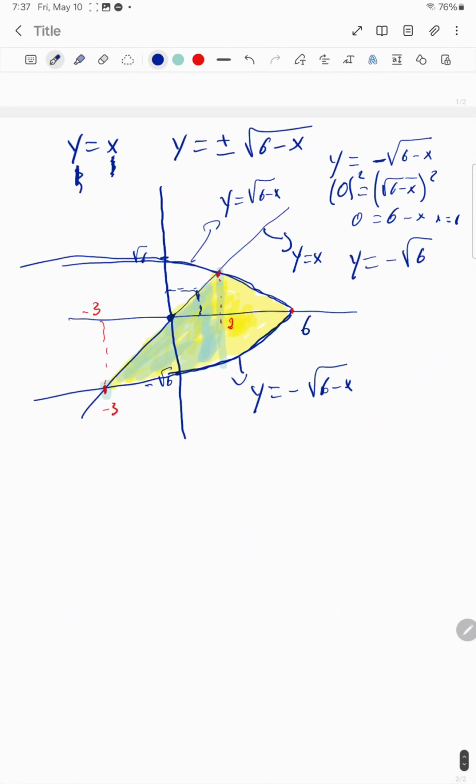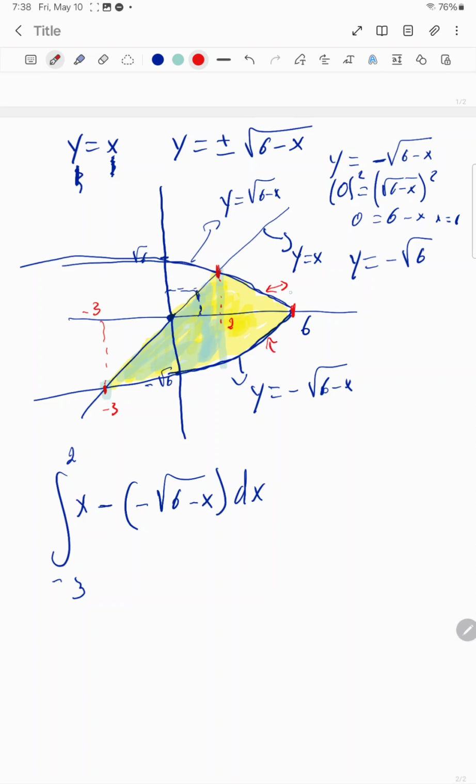So I will add my integral between minus 3 and 2. It is x minus, and I open the parentheses, minus square root of 6 minus x dx, and between 2 here and 6 here, it is this part minus this part.